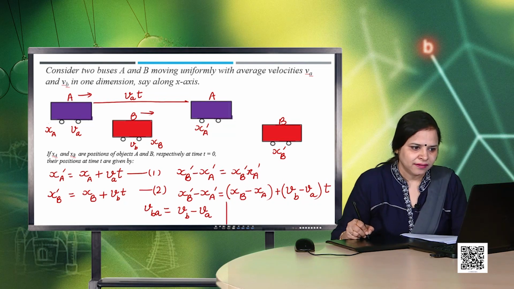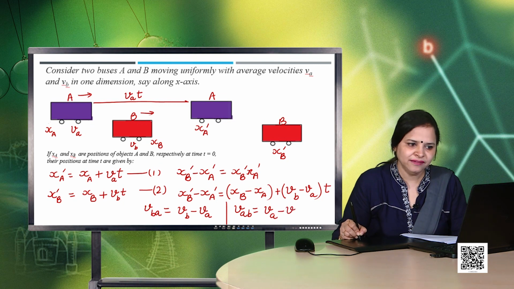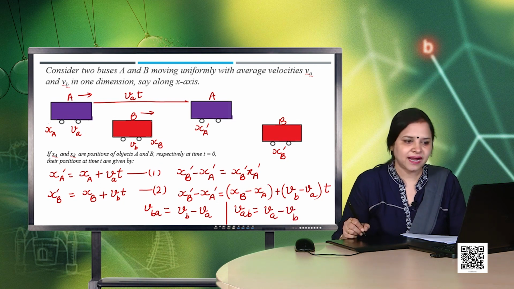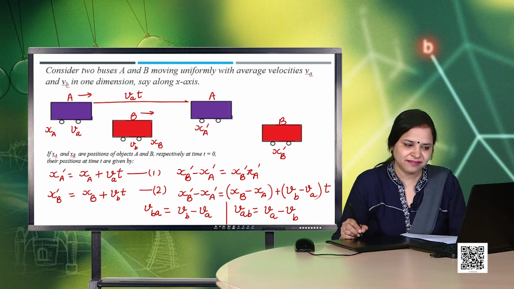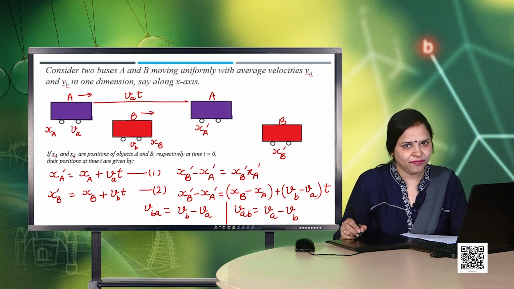Similarly, VAB, that is the velocity of A relative to B, is written as VA minus VB, the difference in the two velocities again. This is how we find the relative velocity.